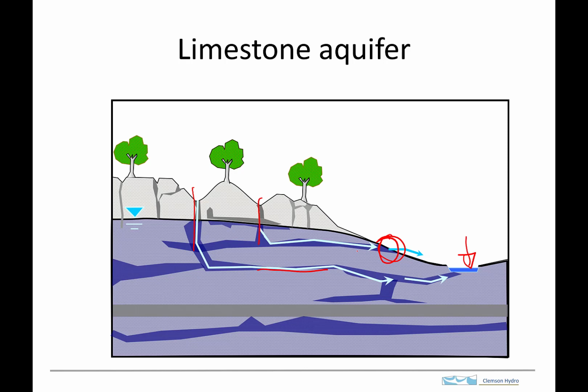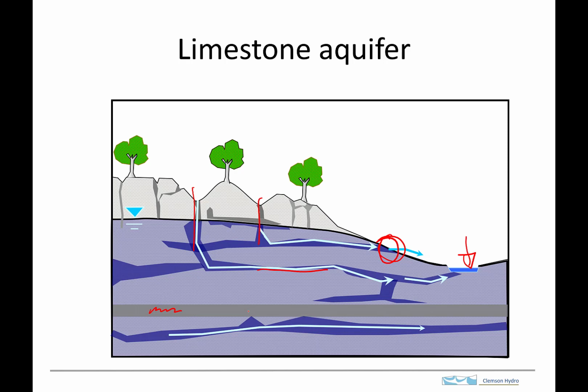Another thing that's important is that there are areas in karst systems, there are beds of relatively low solubility where you really don't have dissolution forming, not to any great degree, and those form confining layers, and I use the word confining here to refer to confinement in the sense of transport.